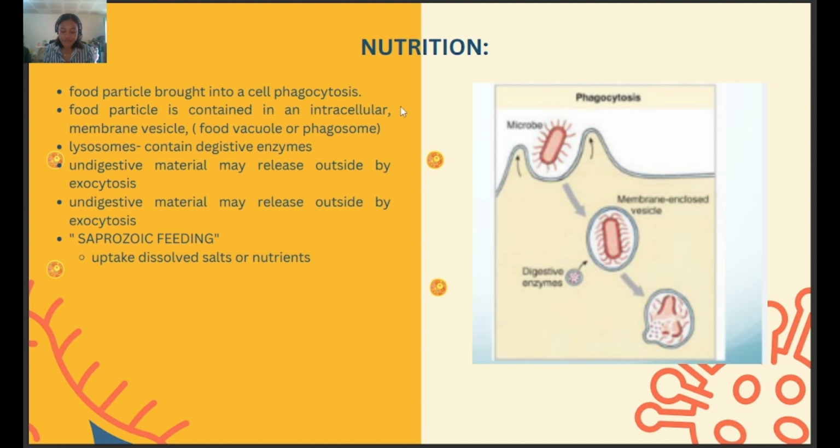As digestive products are absorbed across the vacuolar membrane, the phagosome becomes smaller. Then the undigested material is released outside by exocytosis. There is also what is called saprozoic feeding, which is the uptake of dissolved salts or nutrients.